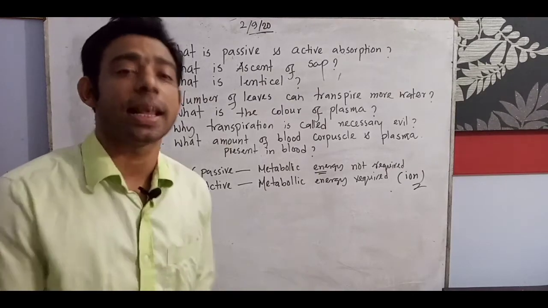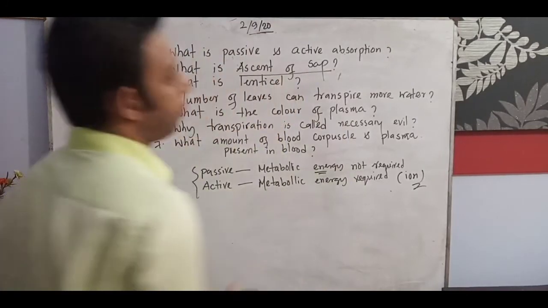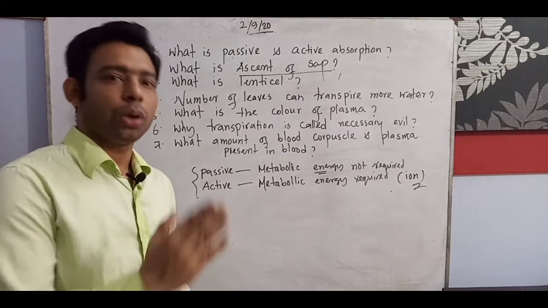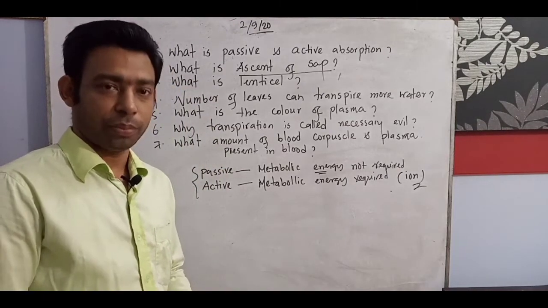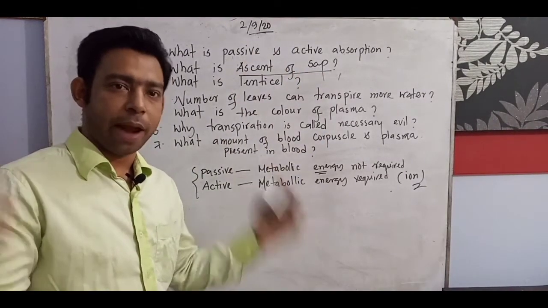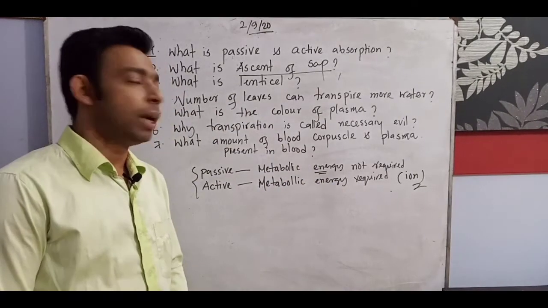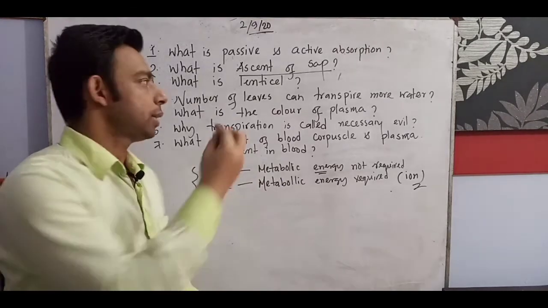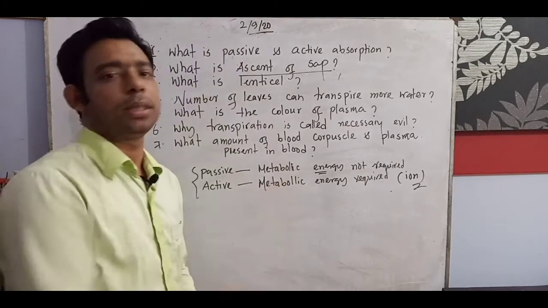When the cell sap is absorbed and slowly goes upward through conducting tissue like xylem, and then goes to the green parts like leaves, from there phloem becomes active. That means the cell sap slowly going upwards is the ascent of sap.